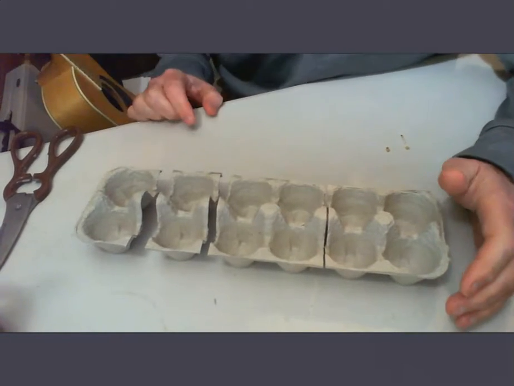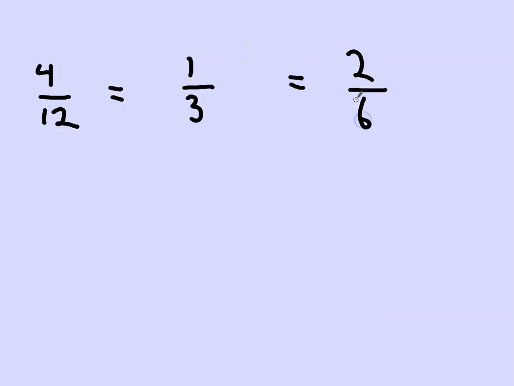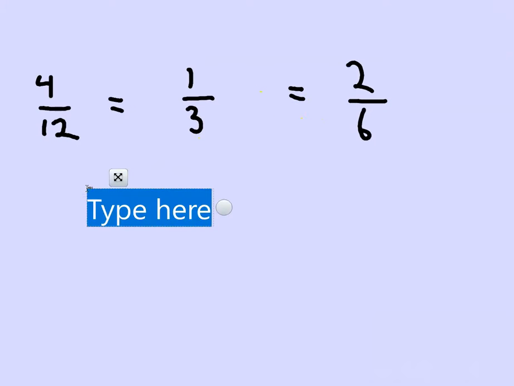So we're going to write that on the screen here. What we said was 4/12 was equal to 1/3, which was equal to 2/6. What we're talking about here is what we call equivalent fractions.